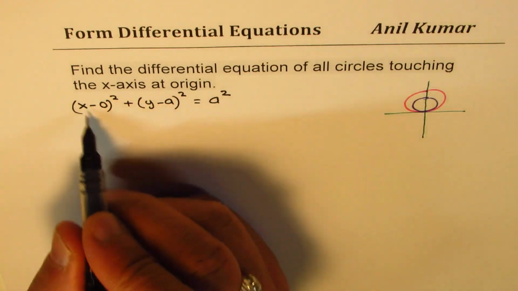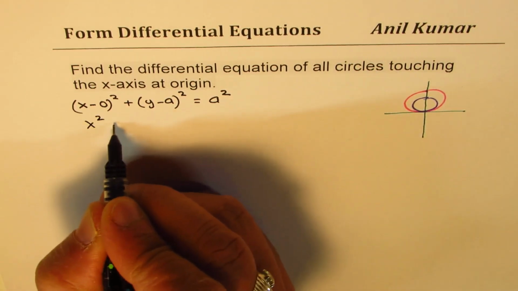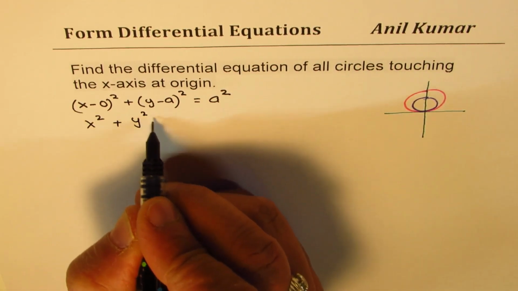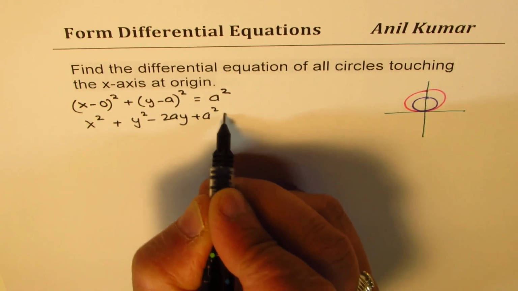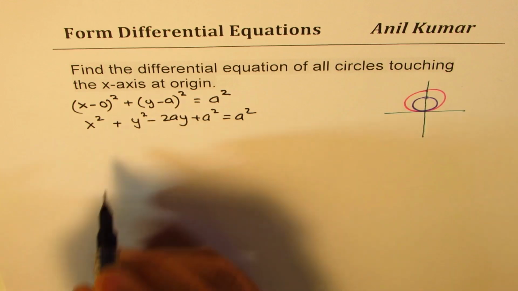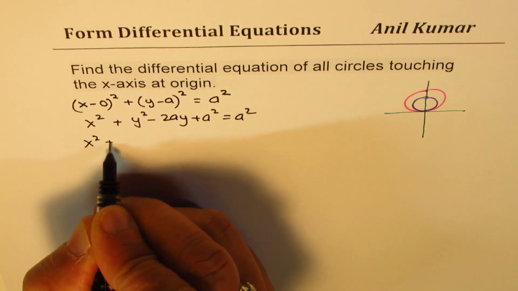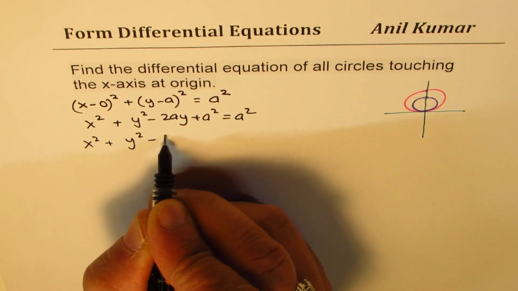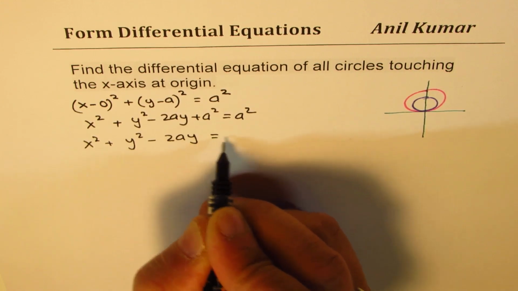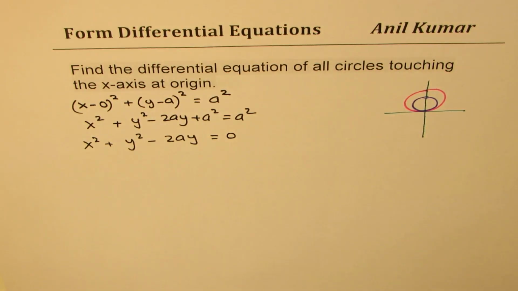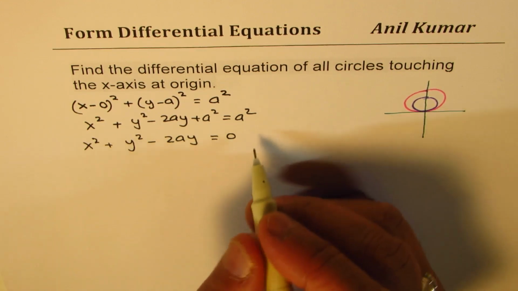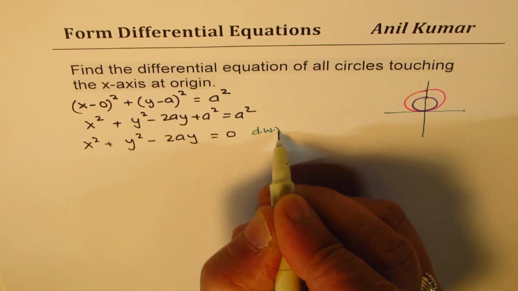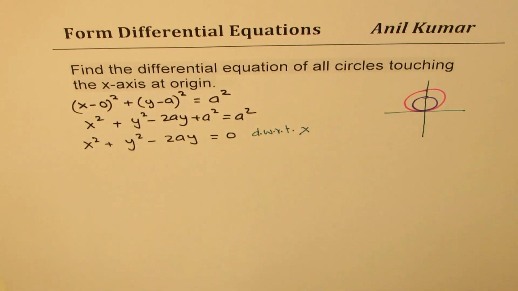So that becomes the equation. Now to solve this, let's actually open this bracket. So we have x square plus y square minus 2ay plus a square equals a square. They cancel out. So we have x square plus y square minus 2ay equals 0. Now we have only one a here, which we can eliminate by differentiating with respect to x.